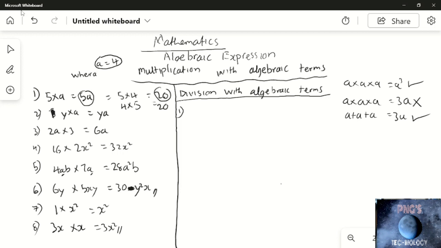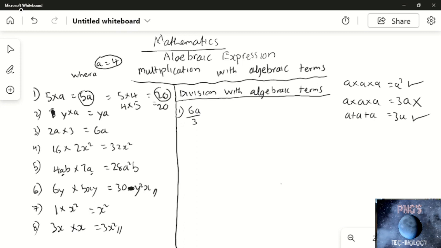I'm going to show you 2 methods. So you just tell me the method you like and stick to that method. So we have 6a over 3. 6a over 3. So you can use the direct divisional style, or you call it the separation style.